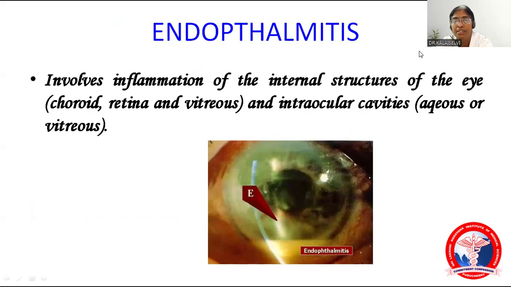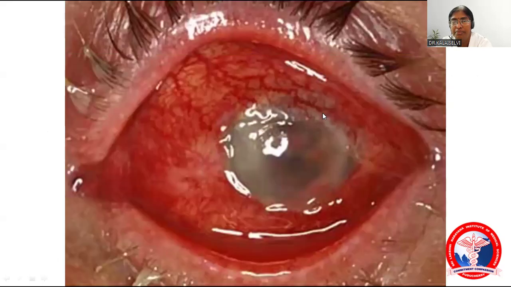Coming to endophthalmitis, this involves inflammation of the internal structures of the eye, which are the choroid, retina, and vitreous, and the intraocular cavities, both aqueous and vitreous also. So this is a picture of endophthalmitis, where you can see discharge is present, eyelashes are matted, the eyelid is swollen, the conjunctiva is congested and the eye is closed, and the cornea is edematous, and the intraocular structures are hardly visible because of the corneal edema.